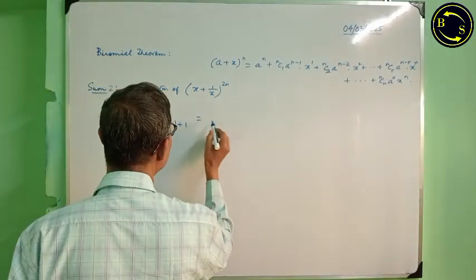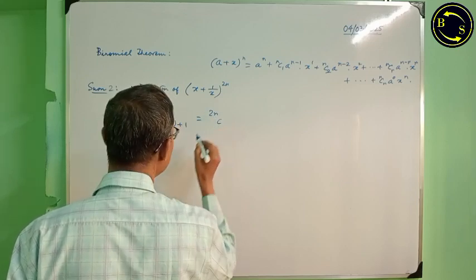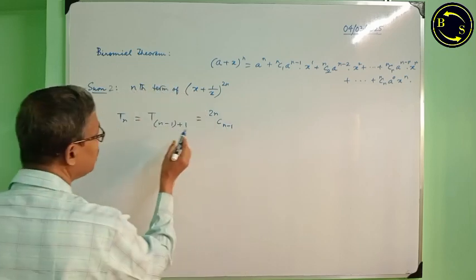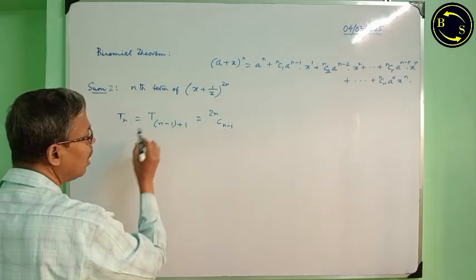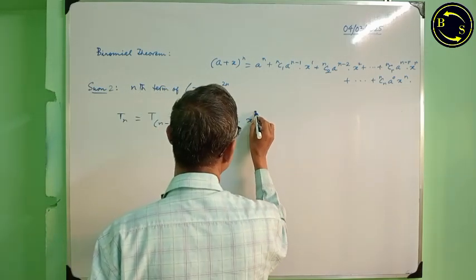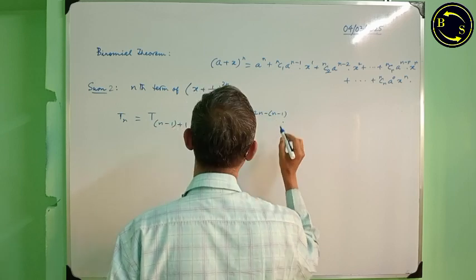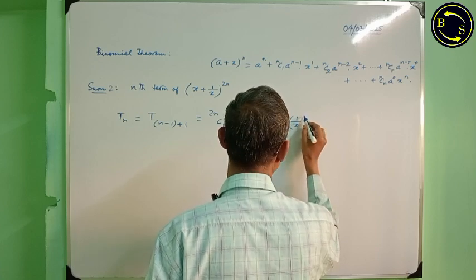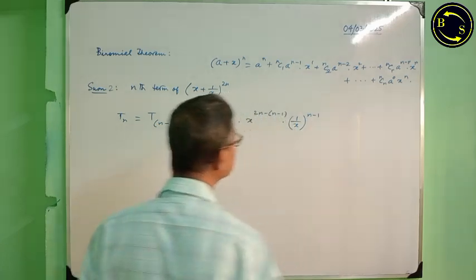That will be equal to n C r, that means 2n C n minus 1. Here n is 2n, 2n C, this is r. X to the power 2n minus n minus 1 into 1 by x whole to the power n minus 1.